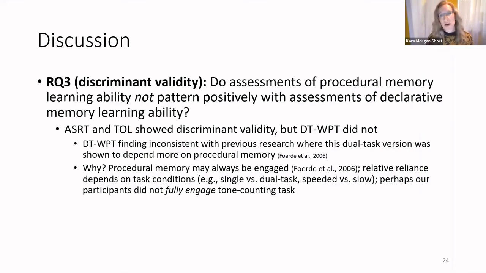Well, Fiordi et al. suggest that procedural memory may always be engaged in this task, but the relative reliance on procedural memory will depend on the task conditions, for example, if it's a single versus dual task, or speeded versus slow. Now, we did use the dual version of this task, but perhaps our participants did not fully engage in the tone counting task. If this were the case, their reliance may not have been pushed to procedural memory.